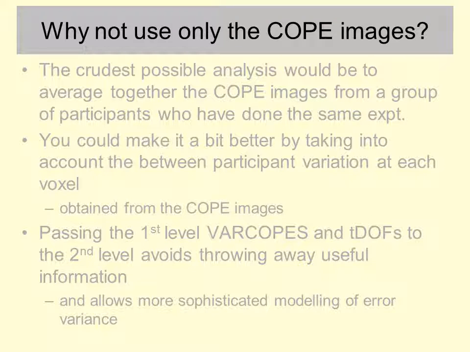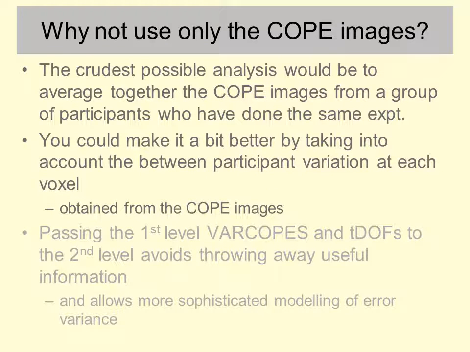One of the questions that I found myself asking a while back was, why not use only the COPE images from the first level to do your second level analysis? The simplest or crudest way of doing a second level analysis would be to average together the values in the COPE images from a group of participants who have done the same experiment.